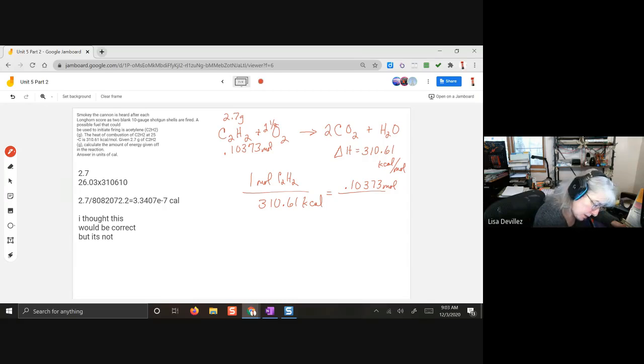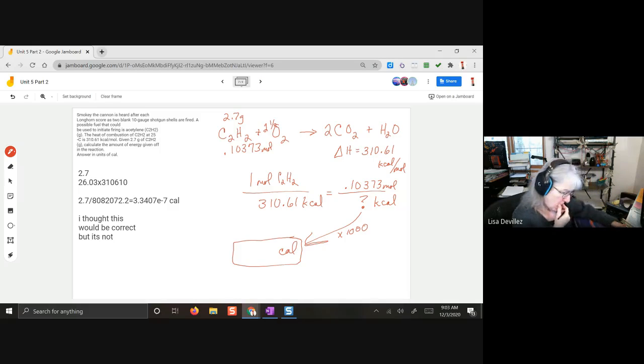And then we'd be solving for kilocalories, right? And then times 1,000, because it wants it in calories. So let me just use 0.10373.